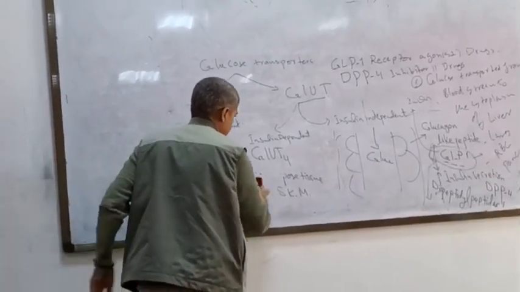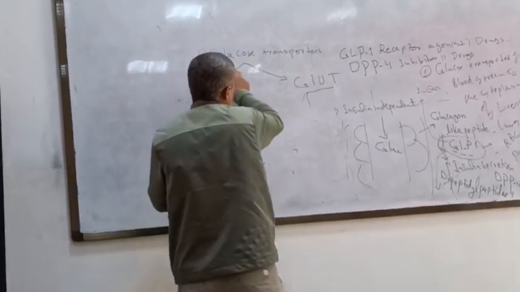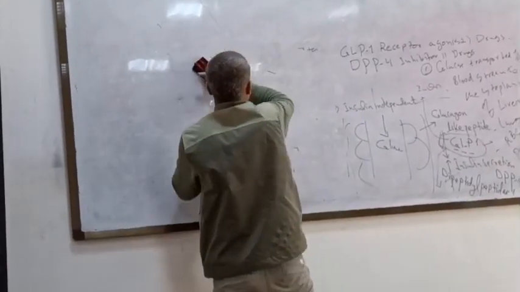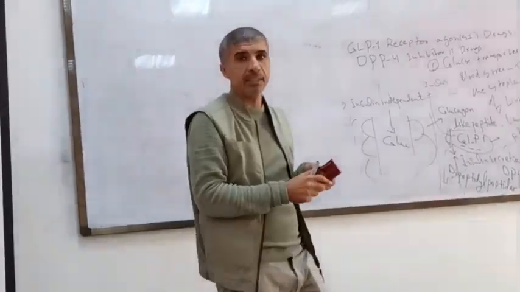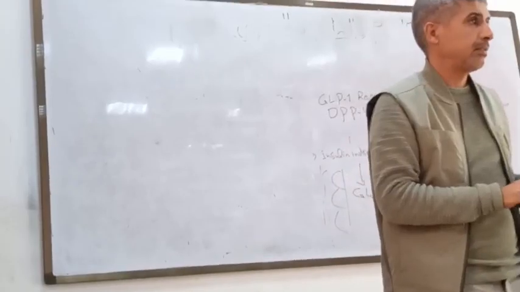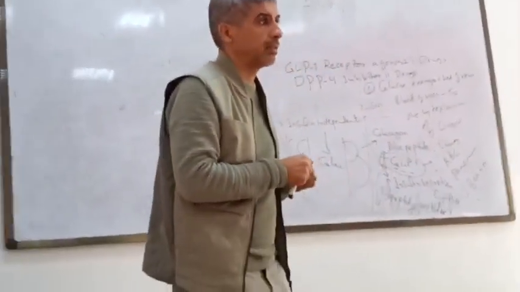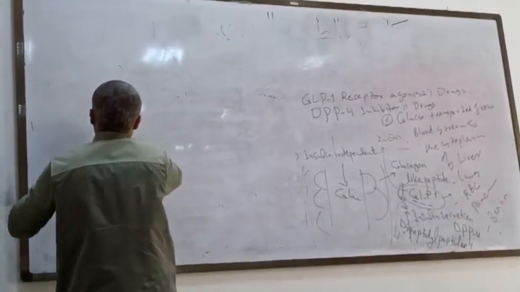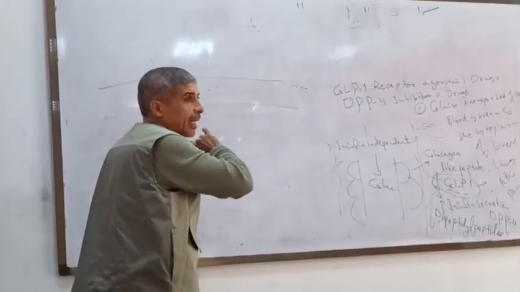Mechanism of insulin. Insulin is a water-soluble hormone, so it cannot cross the cell membrane, yes? Because the cell membrane is made of hydrophobic phospholipids. So okay, this is the cell membrane.